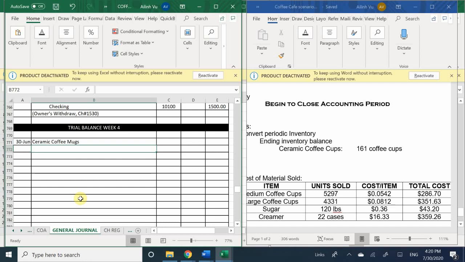When we bought our coffee mugs, what did we buy them as? Inventory? No, we didn't. Did we? What did we record the coffee mugs as?